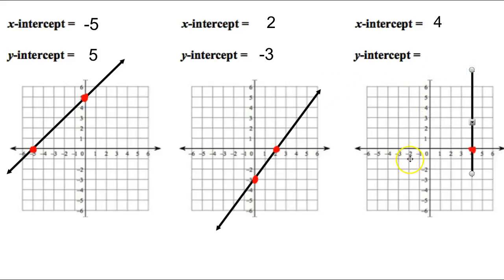Straight up and down like that. This slope, we call undefined. You're going to learn about that in future lessons, but for right now, I'm just going to say it's undefined. If it goes straight up and down, it's undefined. The x-intercept is 4, and this never crosses the y-axis, so there is no y-intercept.